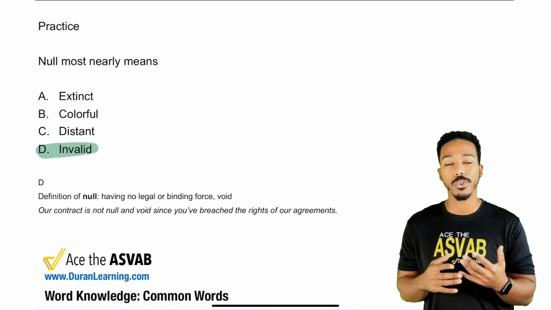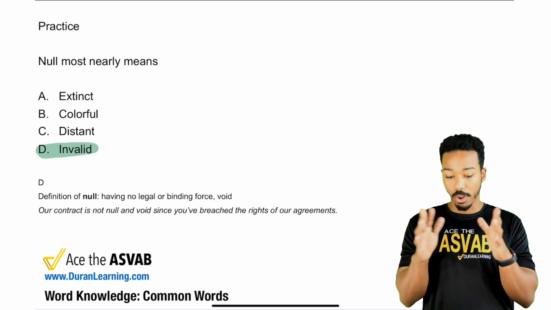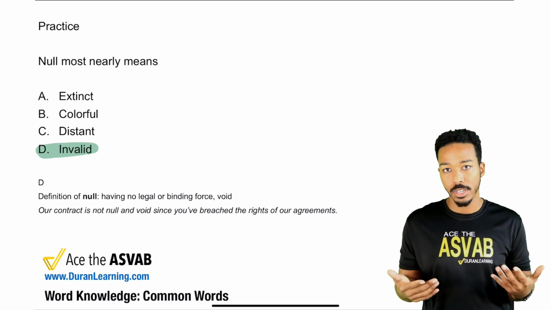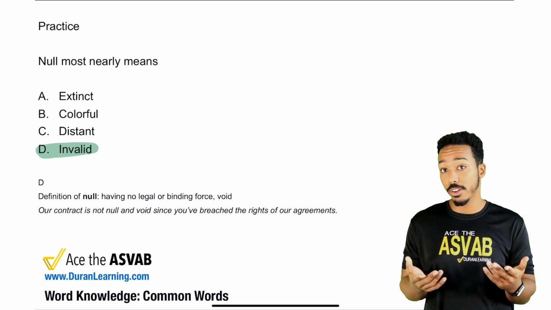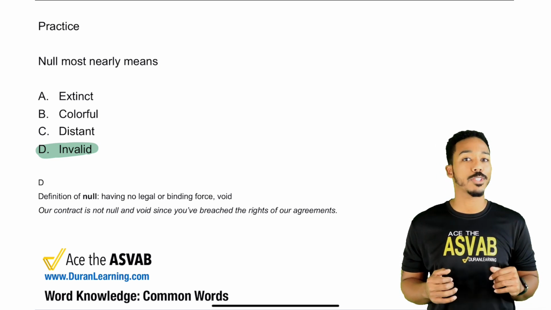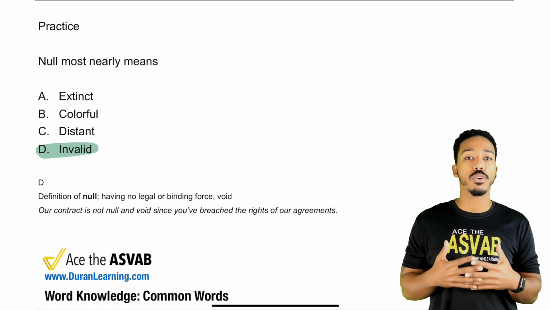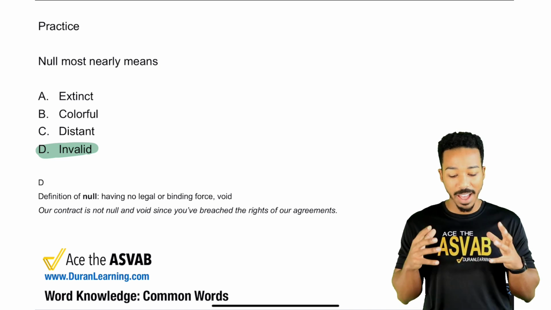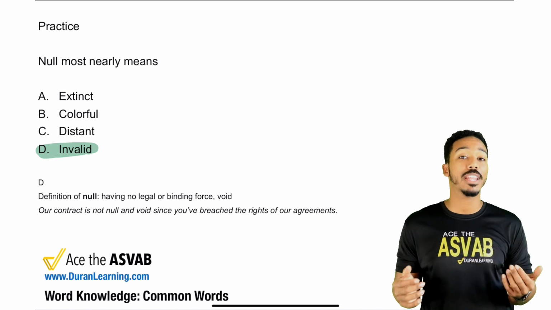Now, when I say common words, I'm not talking about words that you use all day, every day. No, I'm talking about words that are used in everyday English language. So null may not be a word that you use regularly, but I can guarantee you it's a word that you've heard before. Okay? That's what we mean. So find common words, use apps or whatever you need to get that done, to find a bunch of common words and continuously practice them and make them part of your language.